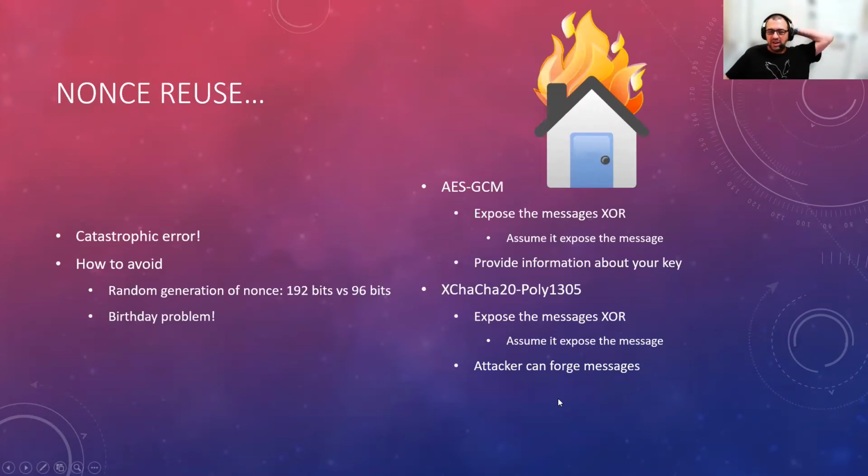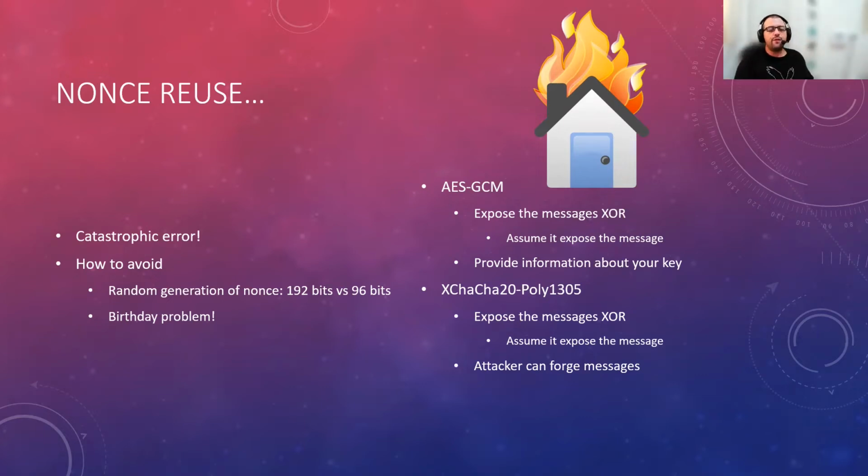Now, let's talk a little bit about nonce reuse. One time, you use the nonce with AES-GCM. So you expose the XOR of the message. What does it mean? That means that I can now XOR the two messages together, the two encrypted values together. And now I see the XOR of the two plain texts.